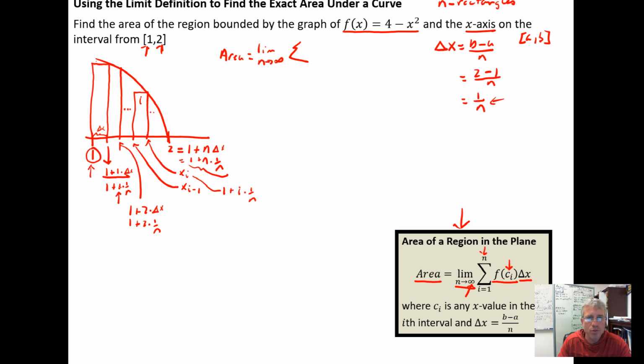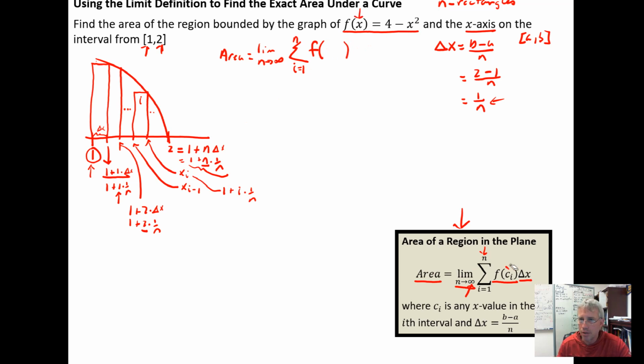It's going 1 plus 1 times 1 over n, 1 plus 2 times 1 over n, all the way to 1 plus n times 1 over n. So we could use right endpoints by taking the sum from i equals the first right endpoint to the nth right endpoint. And then we need to have a representation for those right endpoints that we can plug into our function.